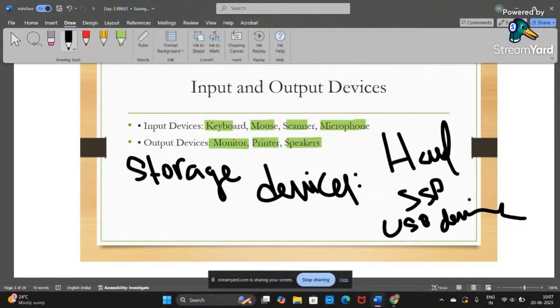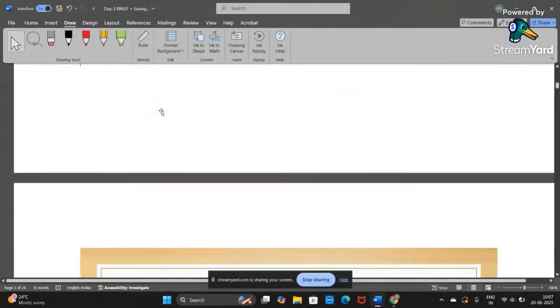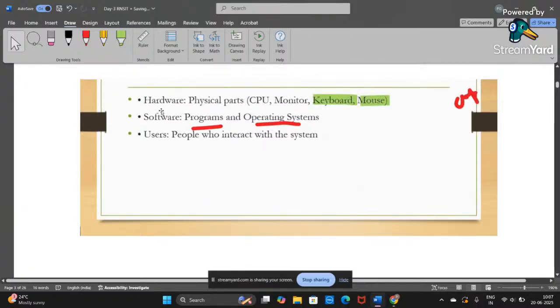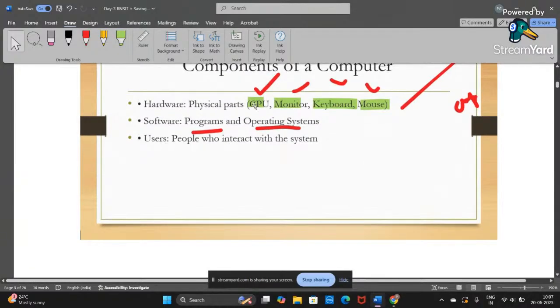These are storage devices. Remember that input devices are keyboard, mouse, scanner, microphone. Output devices are monitor, printer, speaker. Storage devices are hard disk, SSD, USB drive, then CD and DVD. Hardware means physical parts: CPU, monitor, keyboard, mouse. Software means programs and operating system.